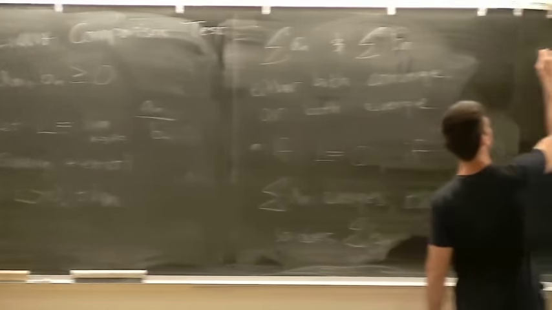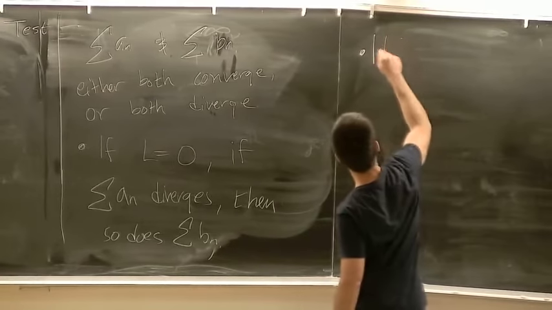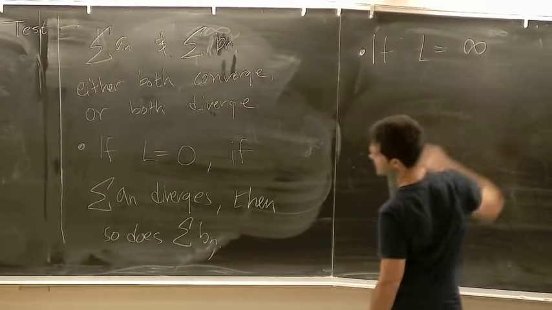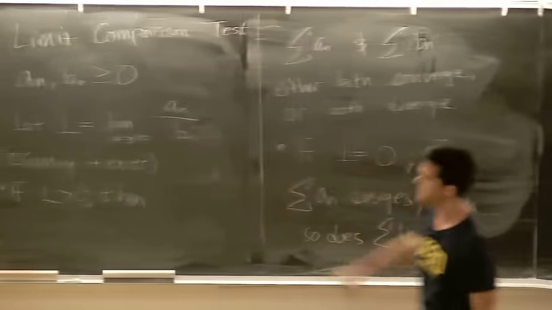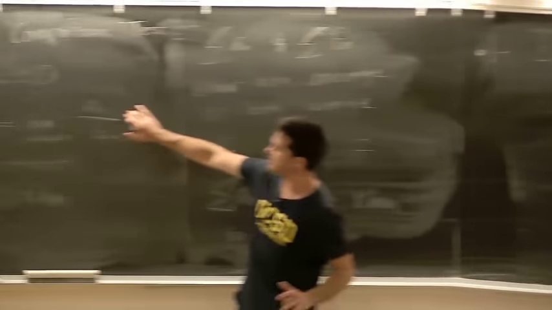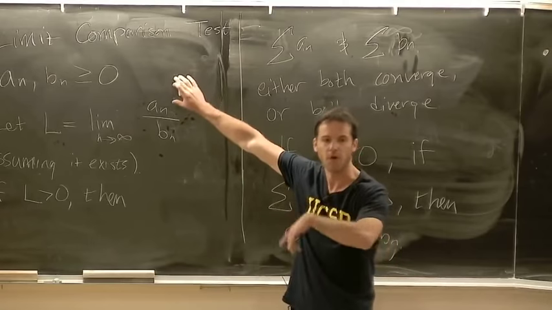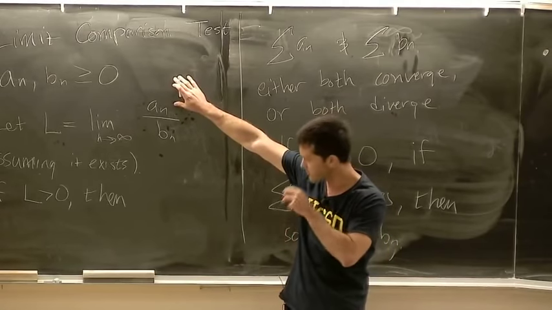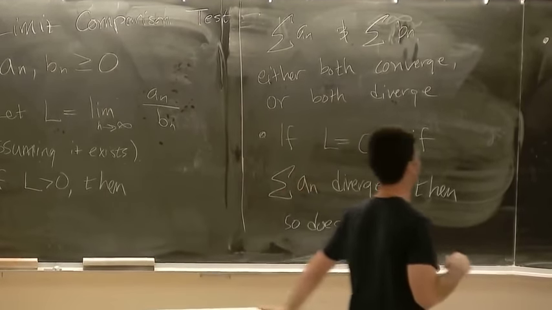Finally, if the limit of that ratio is infinite, that corresponds to where the number on the top is the much bigger number.